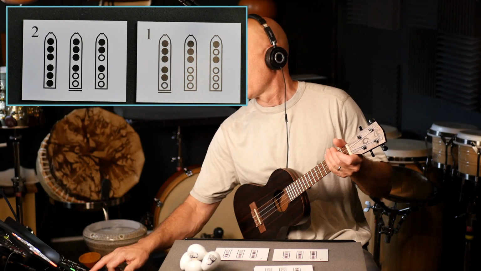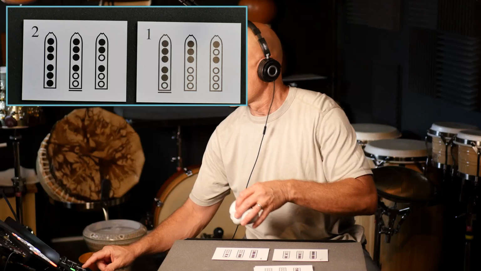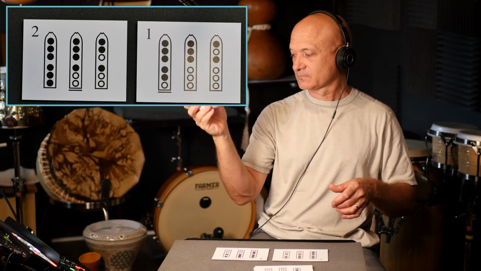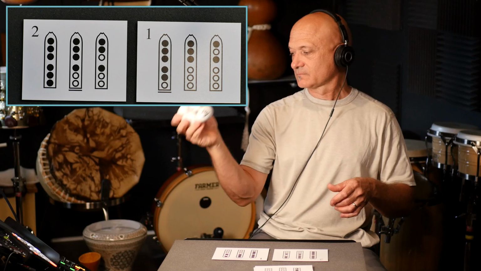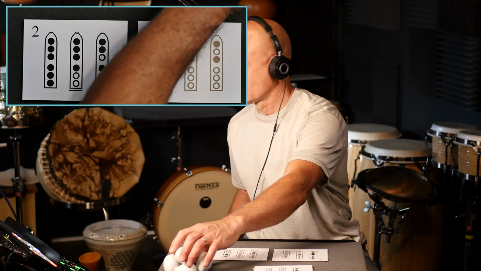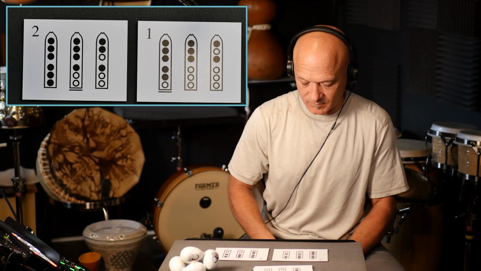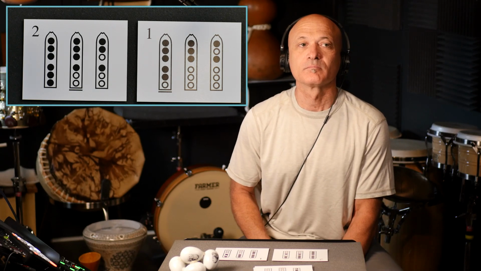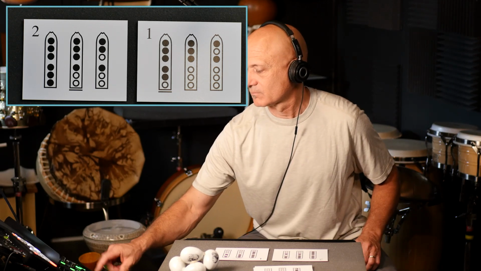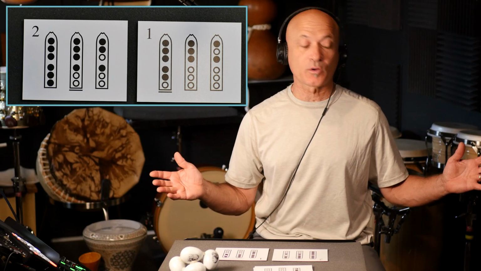Let's add a little shaker, just for fun. All right, so now I've got my 2-chord vamp.